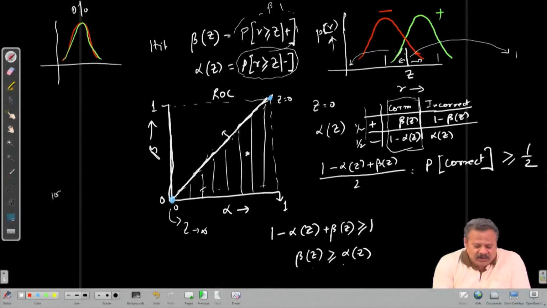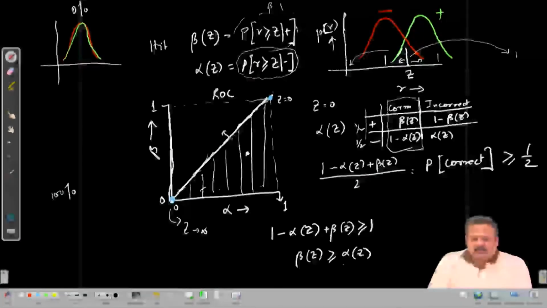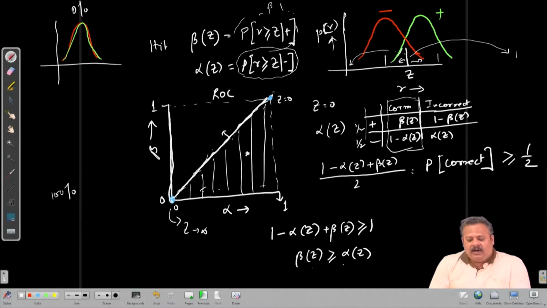Now, if we consider the 100% coherence case, how should the ROC curve be? We must start off at z infinity here and z 0 here, no matter what the coherence. But as soon as we have some value of z that is greater than 0, then in the 100% case we should be able to make a perfect decision.